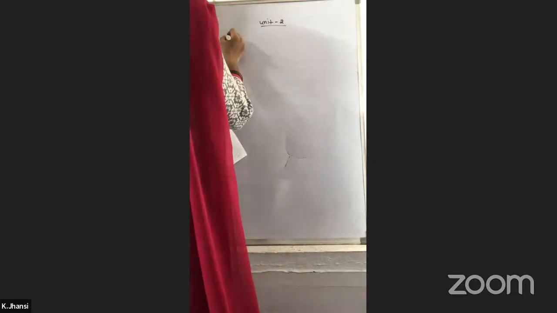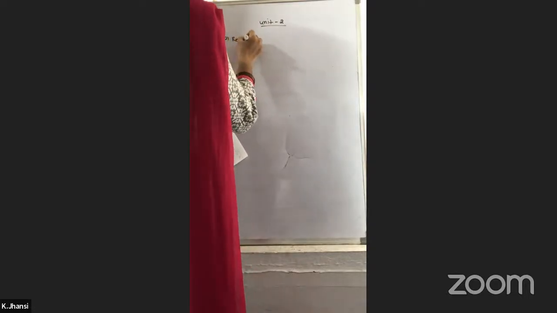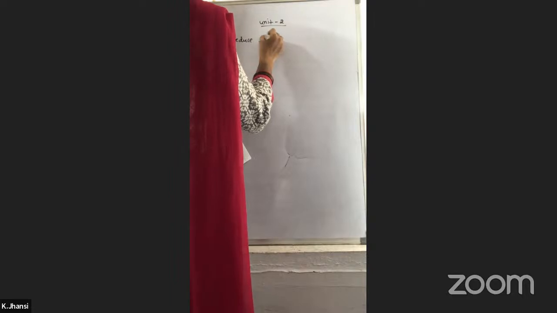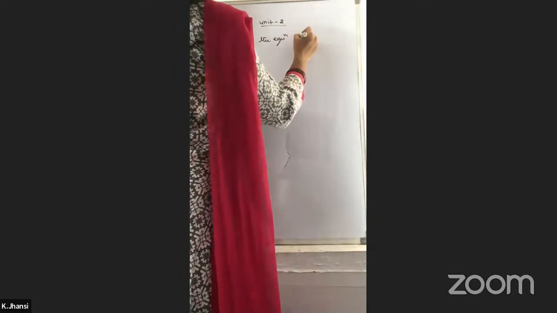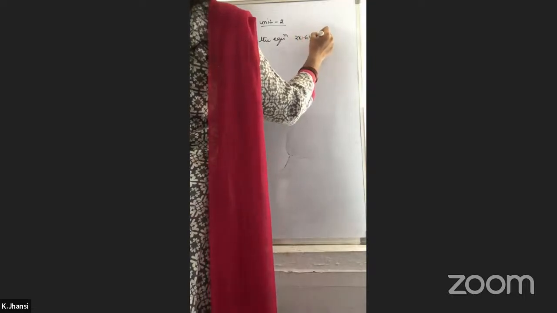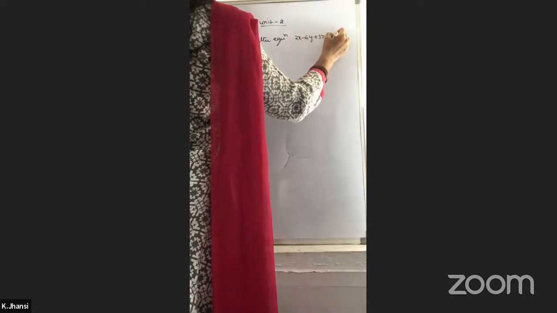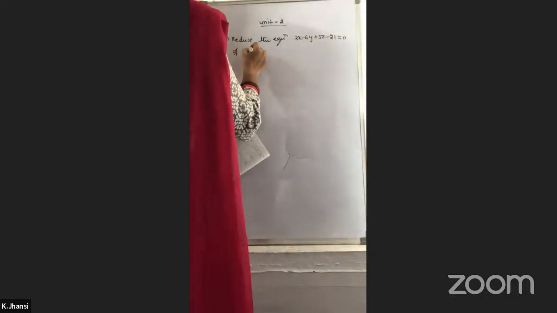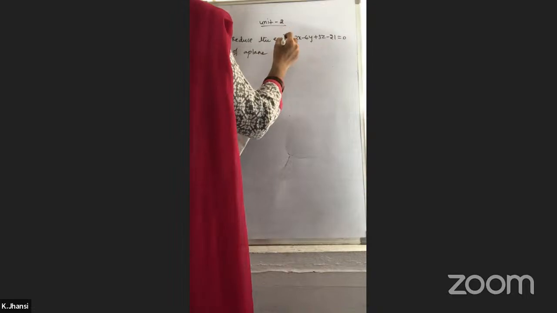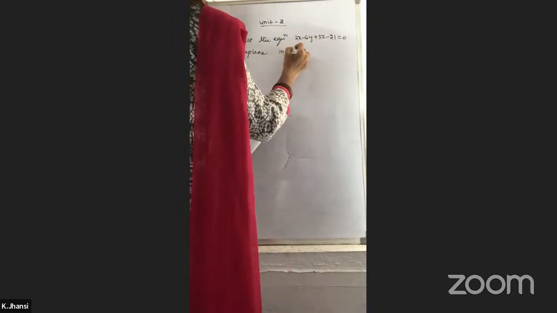So the second one is to reduce the equation 2x minus 6y equals 0 of a plane into normal form.